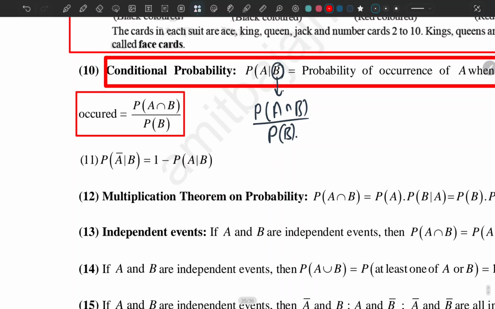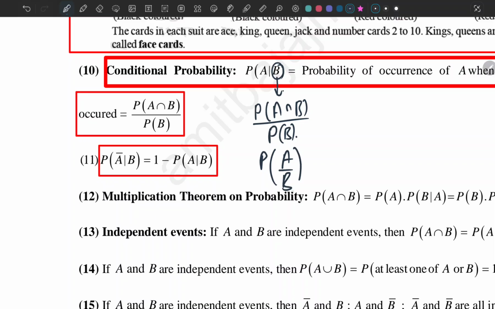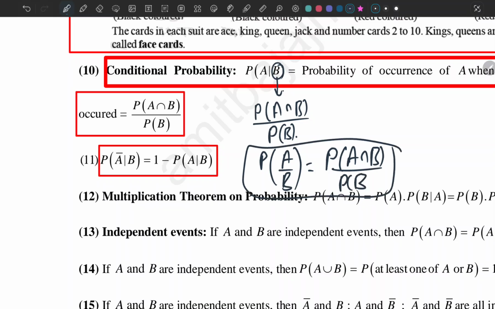And the conditional probability of P of A bar given B is also represented with P of A bar intersection B over P of B, where B has already occurred.